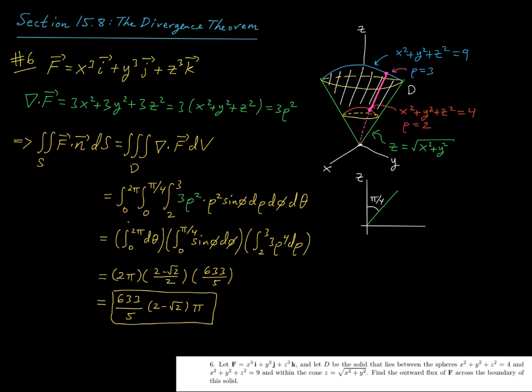Okay, so we can go ahead and split all of that up, and we have the integral from 0 to 2 pi of just d theta, the integral from 0 to pi over 4 of just sine phi, and then the integral from 2 to 3 of 3 rho to the 4th. All right, kind of messy numbers there, but not difficult integrals to compute. You wind up getting 633 divided by 5 times the quantity 2 minus the square root of 2, times pi.